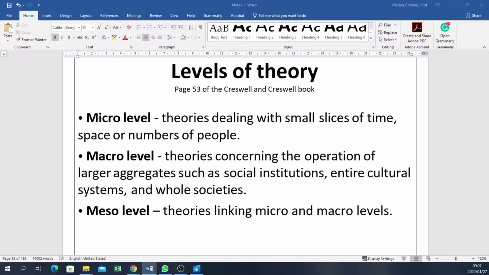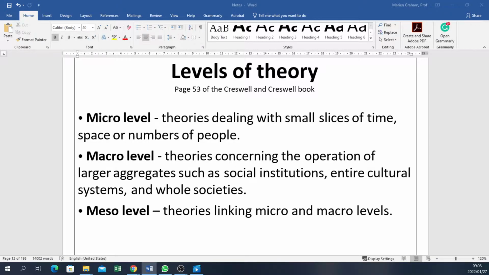Micro level. So it says theories dealing with small slices of time, space, or numbers of people. Okay, what's the example? So it says small pieces of time with a small number of people.